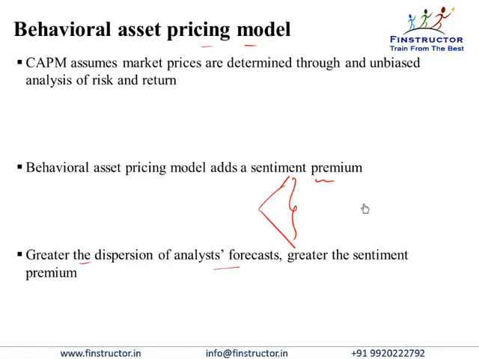For companies like FMCG and pharmaceutical companies, where most of the analysts have their estimates in a narrow range, that is, predictability is relatively higher, the sentiment premium required from these stocks is less. So that's the behavioral asset pricing model that tries to explain portfolio construction and expected return calculation.